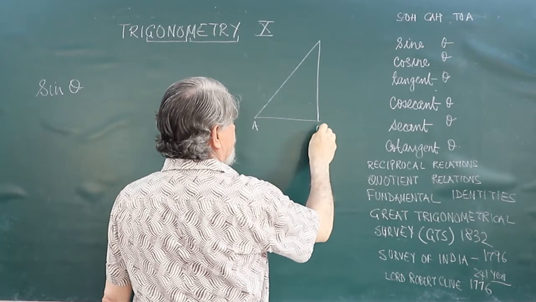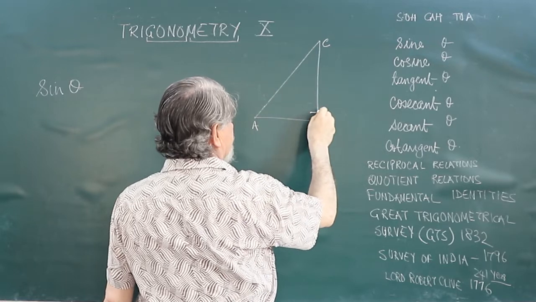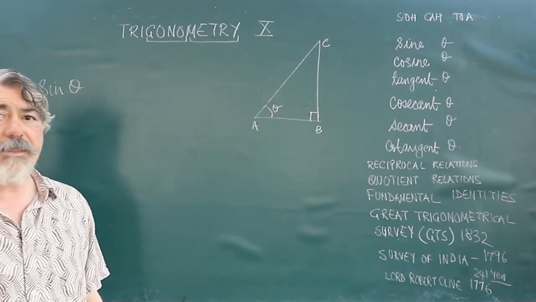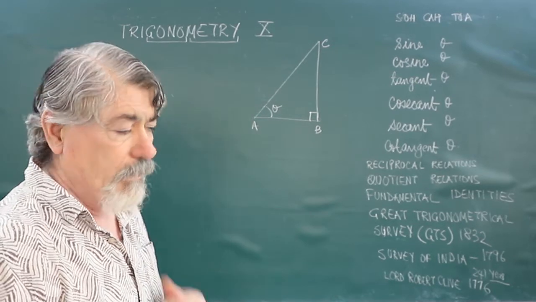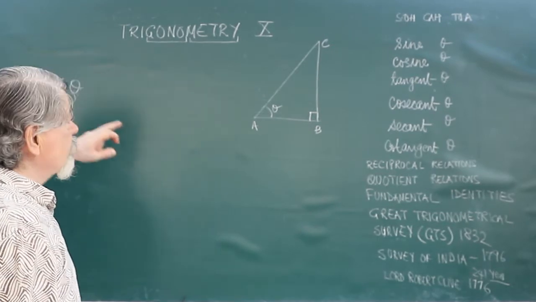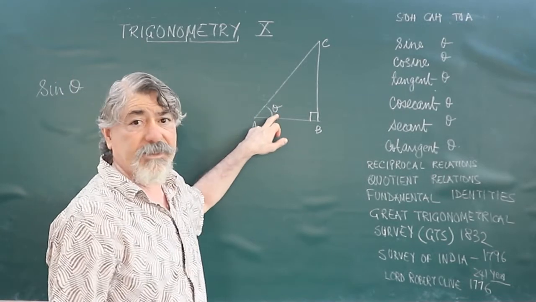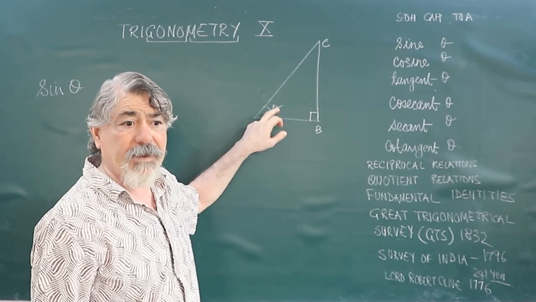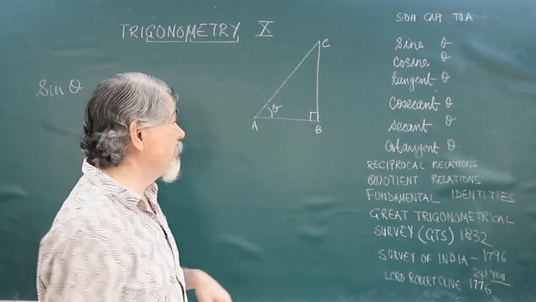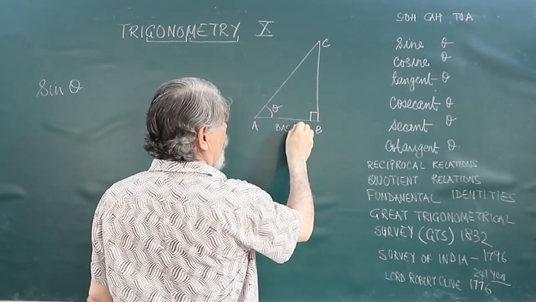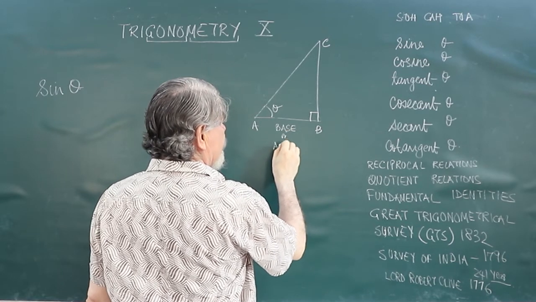A, B, C. For example, this is 90 and this angle is theta. When I'm going to say sine theta, that means I'm taking theta as the reference angle. If I'm taking theta as the reference angle, then this becomes the base, or it is also called adjacent side.